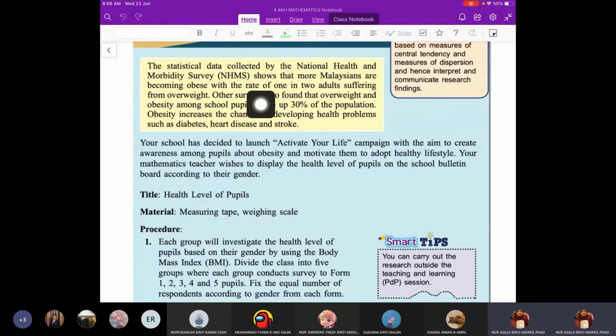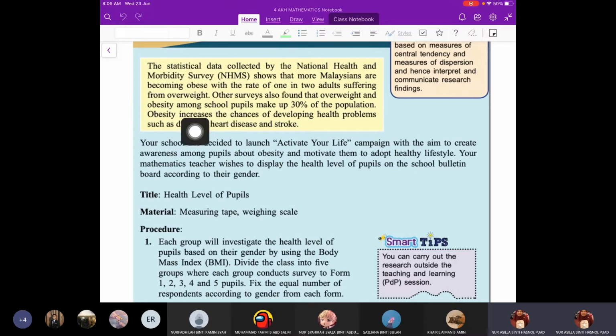Okay, so ni rate untuk the whole community, the whole population. This one is among school pupils. So 30% of the population from among school pupils ada obese.